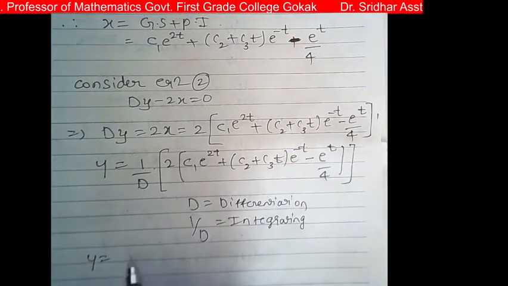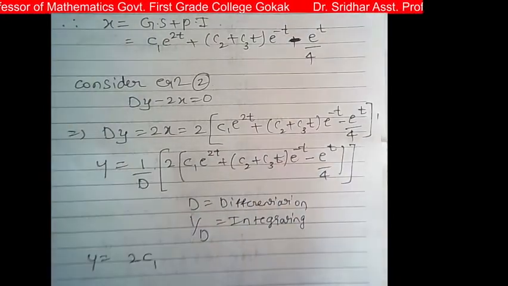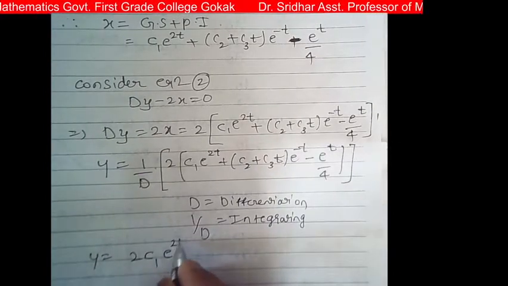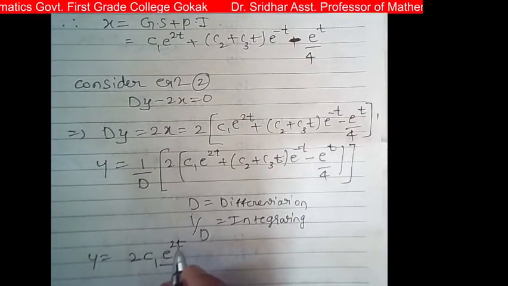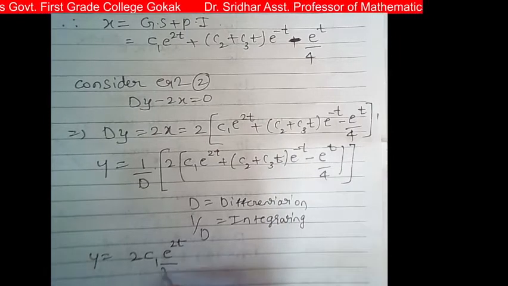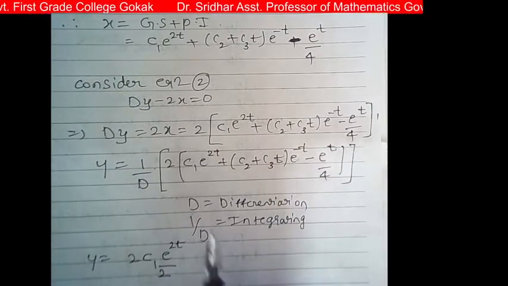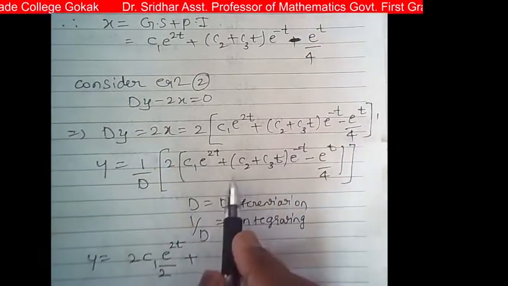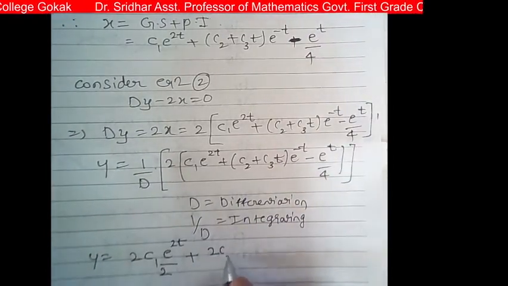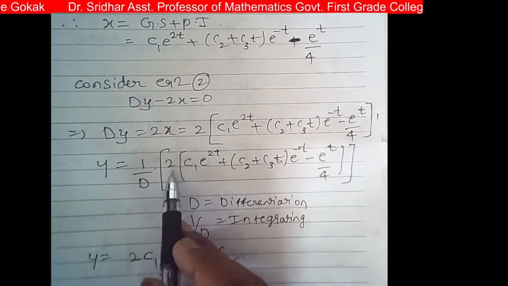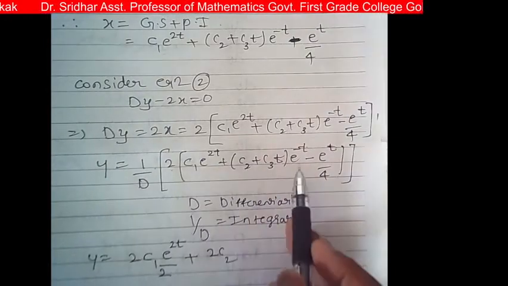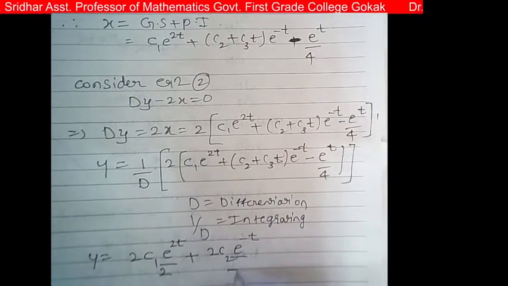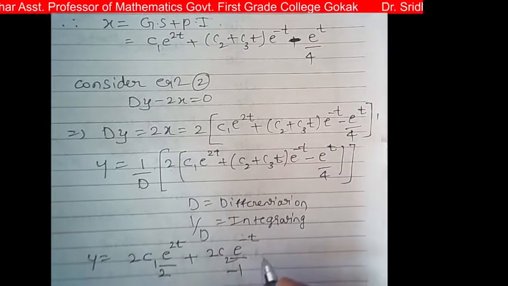For that, 2 is constant, c1 is constant, and the integration of e raised to 2t is e raised to 2t divided by 2, the coefficient of t. Then plus 2c2 into e raised to minus t, whose integration is e raised to minus t divided by minus 1.